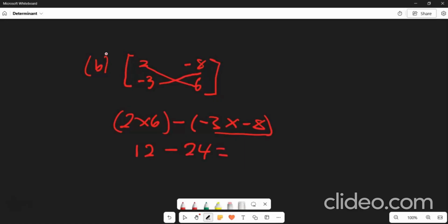Finding the difference, we get minus 12. So the determinant of this matrix is minus 12.